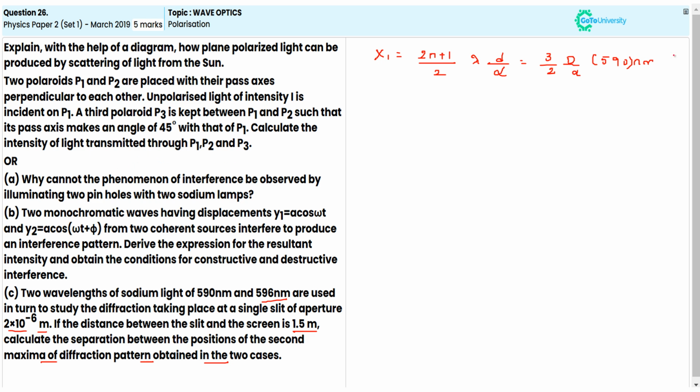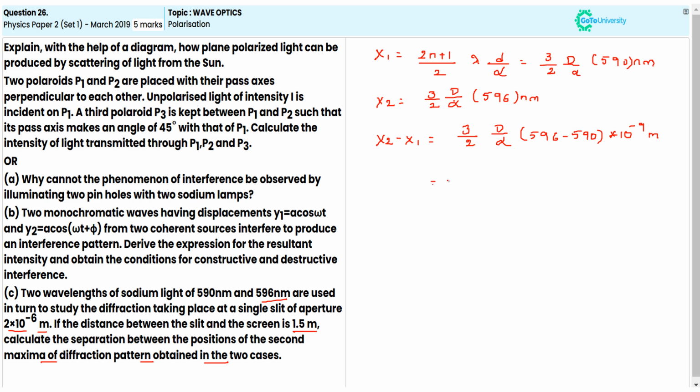In case of x2, it is the same data, that is 3 by 2 times D by alpha into 596 nanometer. And x2 minus x1 is equal to 3 by 2 times D by alpha into (596 minus 590) nano into 10 to the power of minus 9 meter.